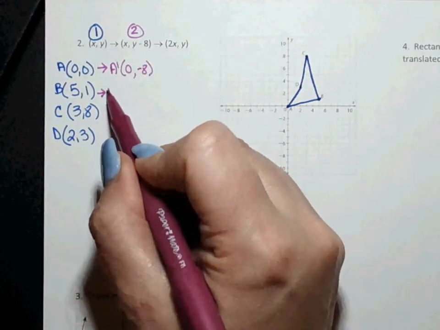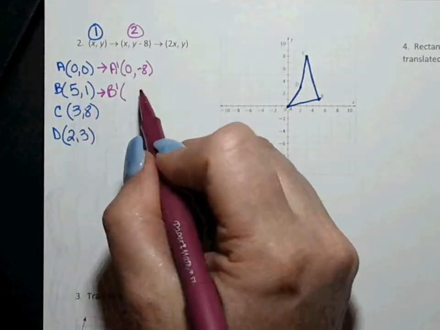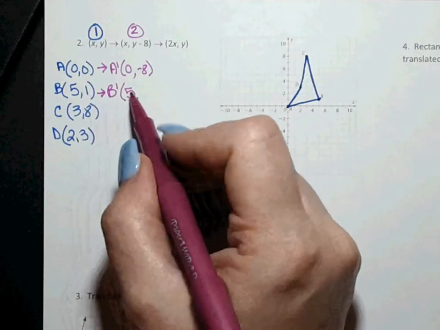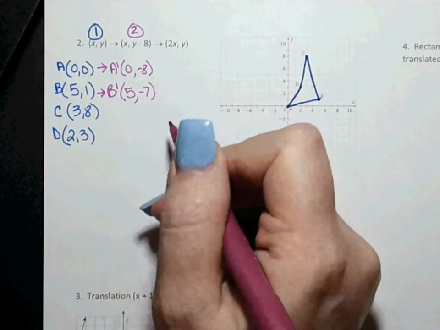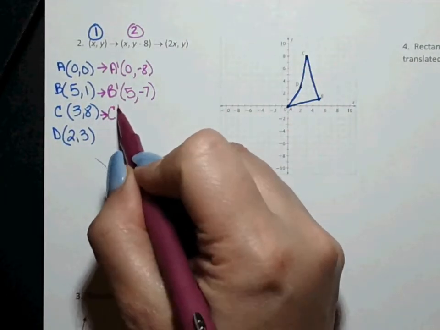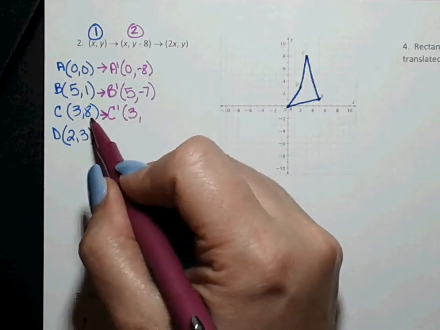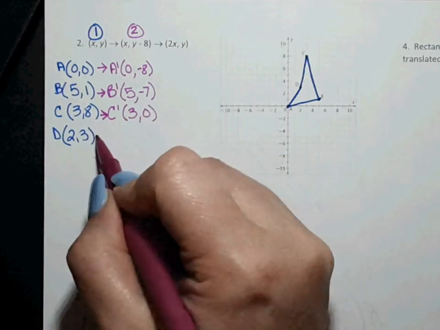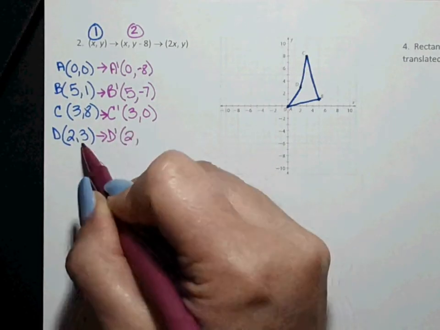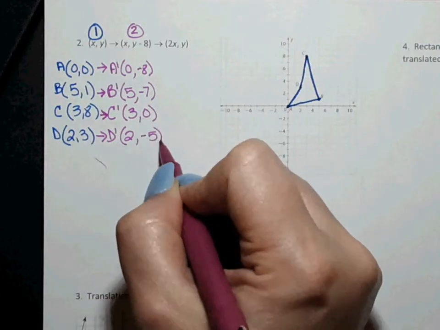Alright, so for B prime, again, our X value stays the same. And then we subtract 8 from the Y value. So 1 minus 8 is a negative 7. So that is our B prime. Alright, C prime. X value stays the same. We're going to subtract 8 from this. So 8 minus 8 is 0. D prime. X value stays the same, 2. Y value, we subtract 8. So 3 minus 8 is a negative 5.